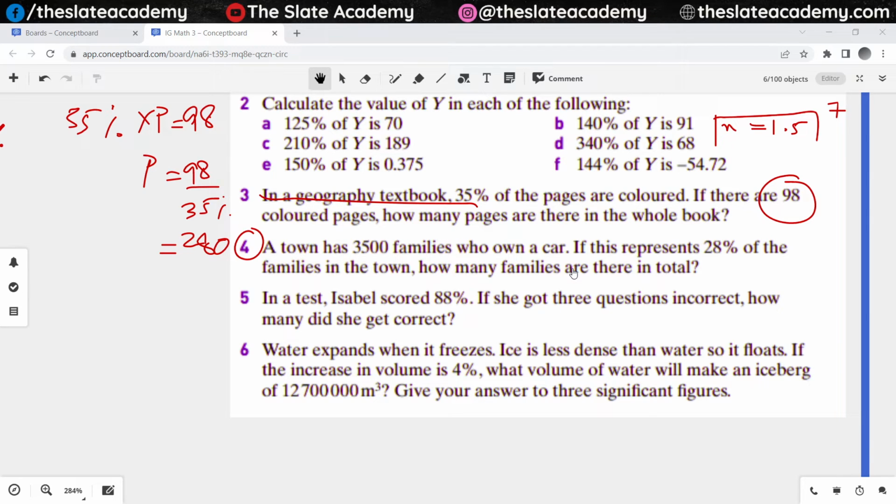Miss Anam, either you do 3500 divided by 28%, or you do 35 into 100 by 28. Don't do both. Miss Noor, what's the answer to question number 4?